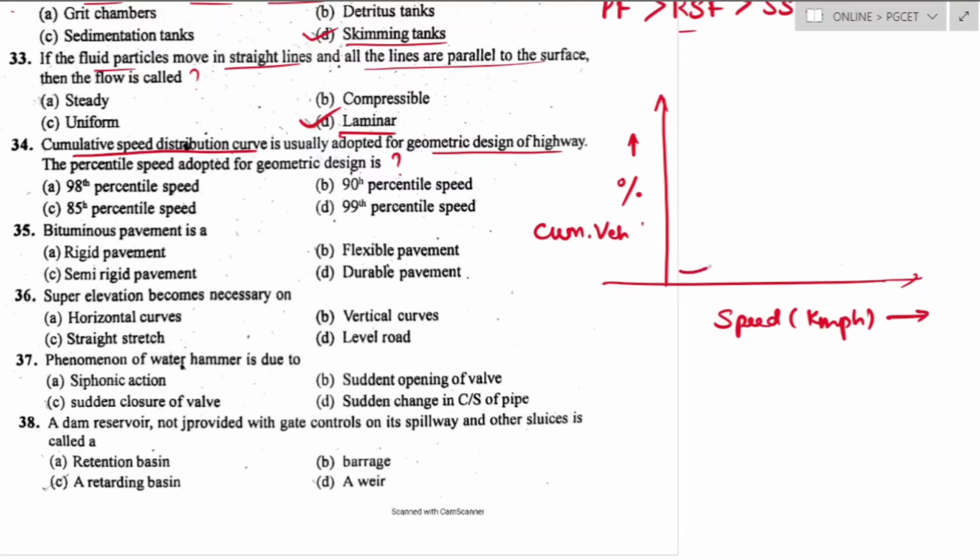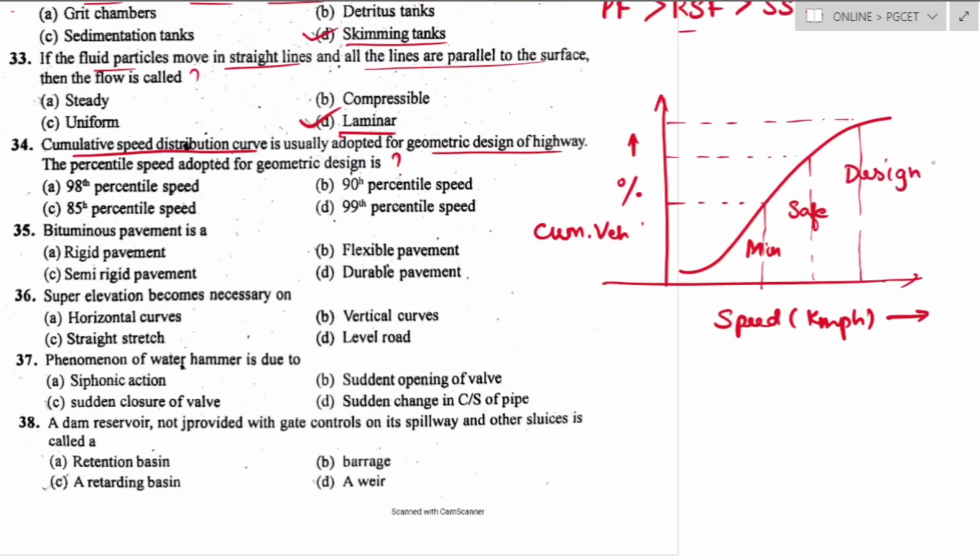So the distribution curve looks like this, and these are the corresponding maximum, minimum and safe design speed. This is the minimum speed, this is the safe speed, and this is the design speed.